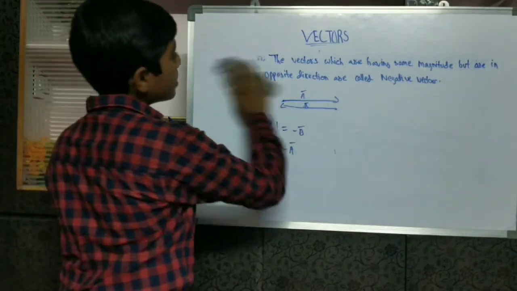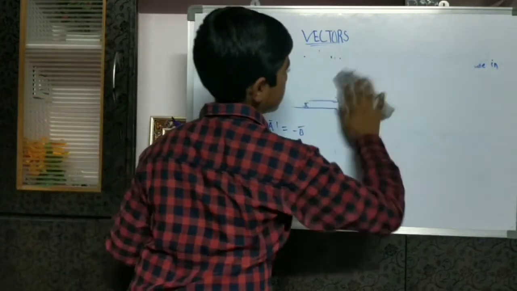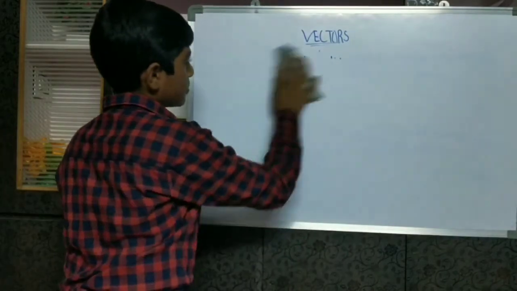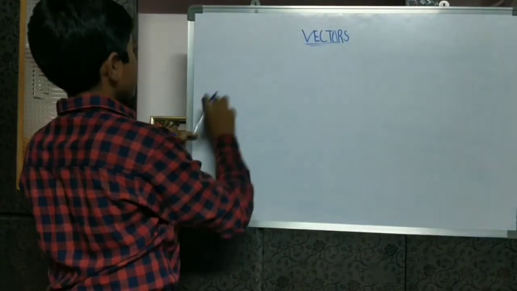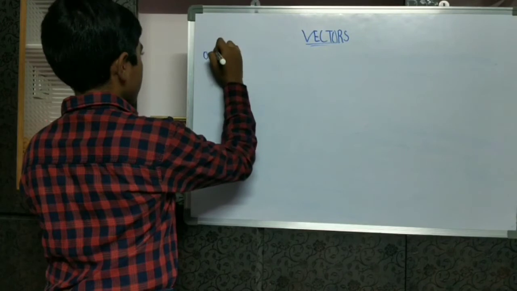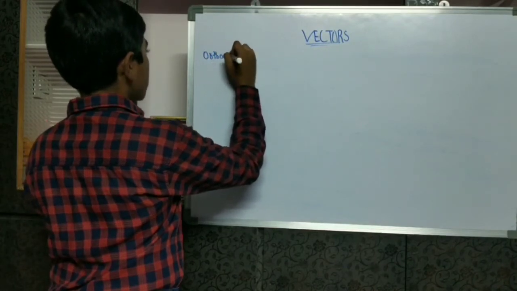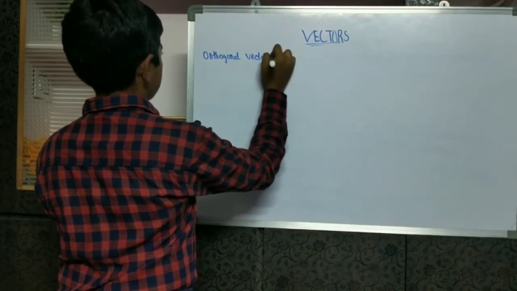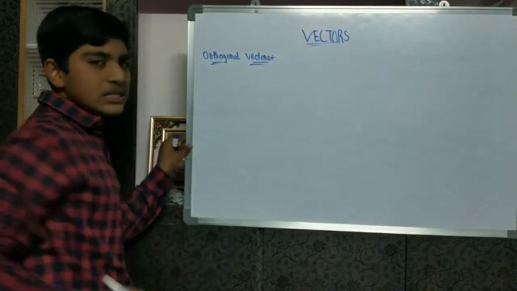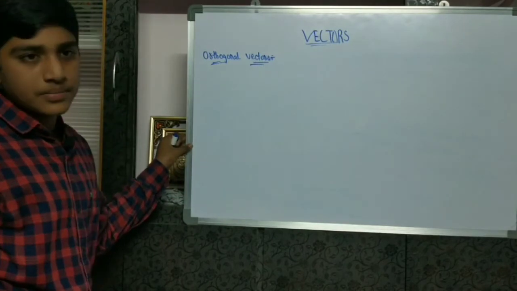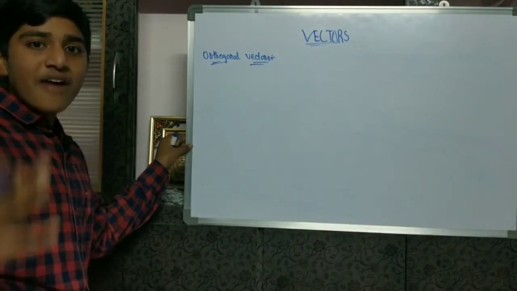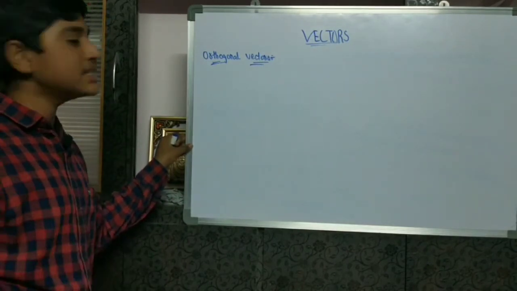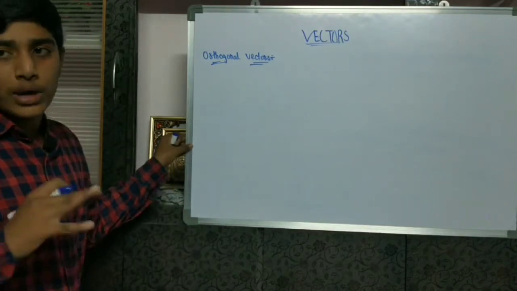And next one is orthogonal vectors. What is meant by orthogonal vectors? The vectors which have an angle of 90 degrees between them are called orthogonal vectors.